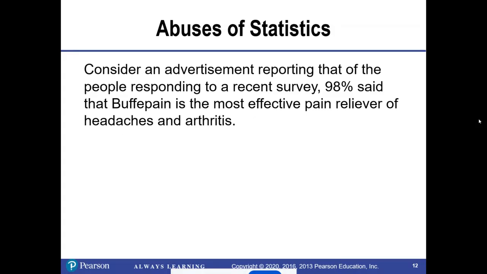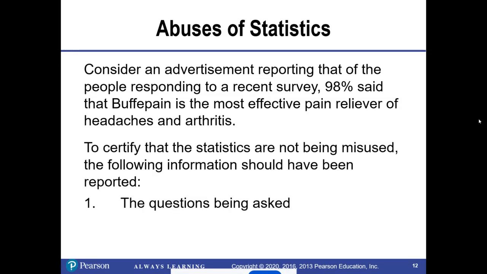So when you consider an advertisement reporting that of the people responding to a recent survey, 98% said that Buffapane is the most effective pain reliever of headaches and arthritis, you would need to certify that the statistics are not being misused, like we just discussed on the previous slides. So the following information should have been reported.